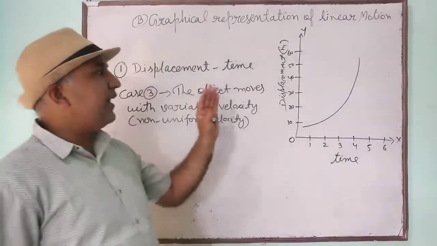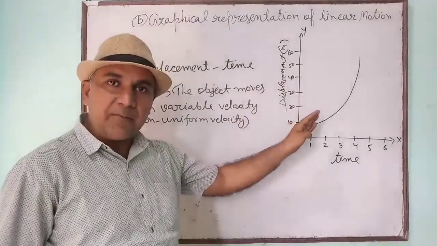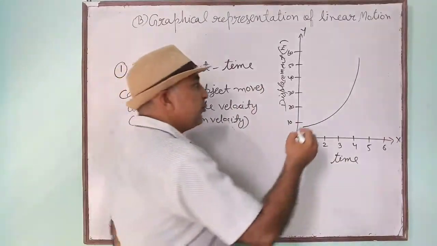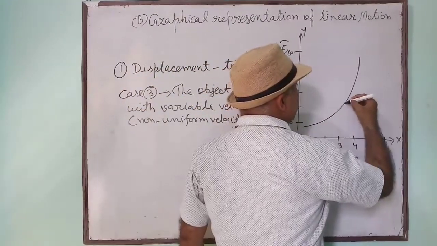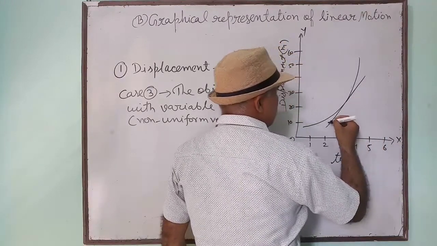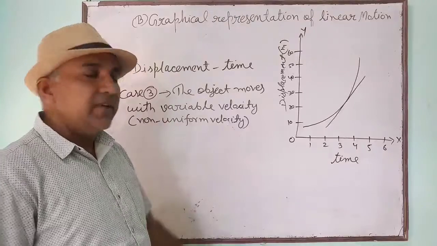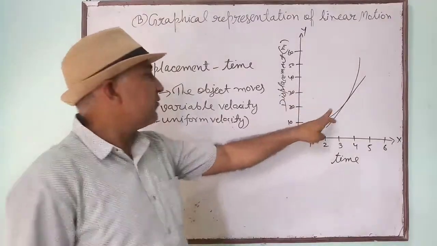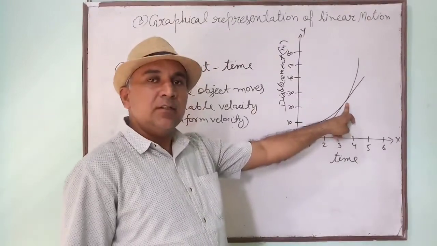Now, to find the velocity by this graph, we draw tangent at any point. Suppose this is the tangent. We will find the velocity at a particular point, velocity at this point.